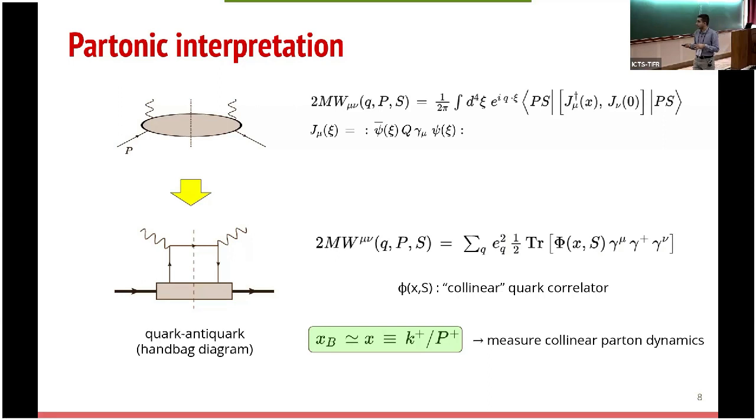So what happens in inclusive DIS is that because of the structure of this diagram, you're not sensitive to the transverse momentum of the quark in the target. So that transverse momentum is integrated out, and the only dependence that you have here is on x, so the collinear momentum fraction of the quark with respect to the hadron.